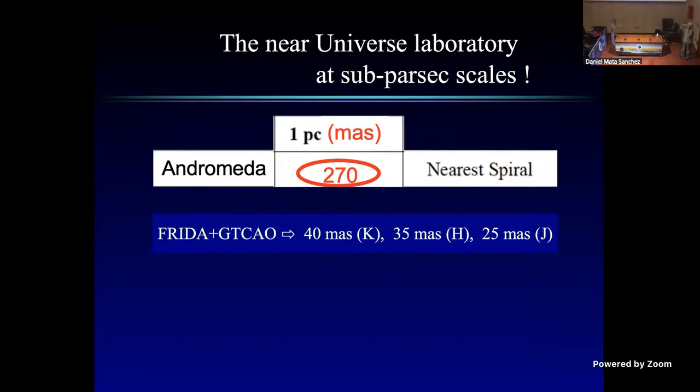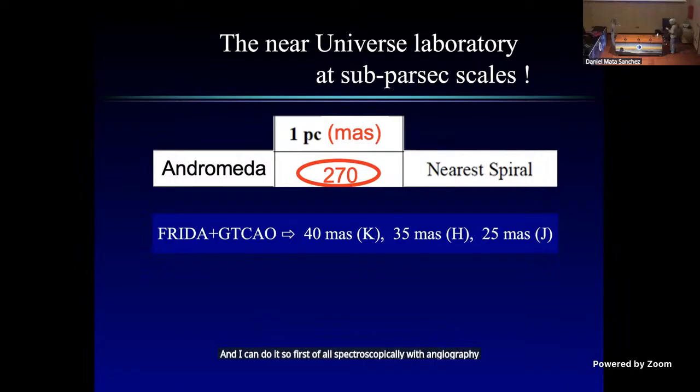But our angular resolution is a factor of 10 higher, at least. So what I mean is that I can see subparsec structures in Andromeda. And I can do it spectroscopically with the infrared beam.